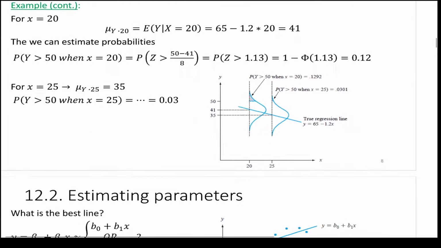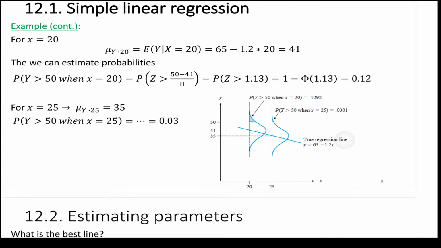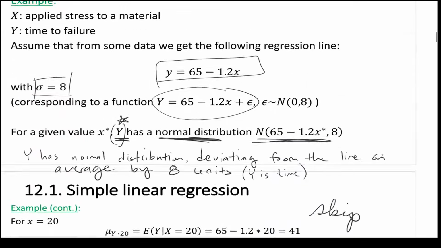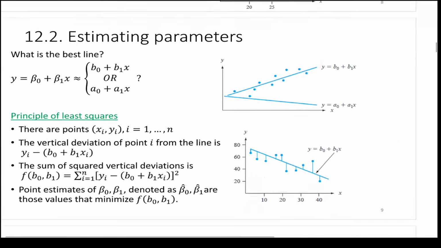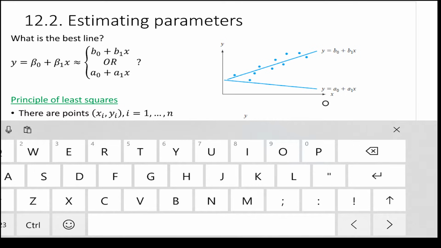So the example, I don't really want to go into the example any more than that. So yeah, let's skip this one too. We'll skip that. Now, how do we get an estimate for the linear relationship?